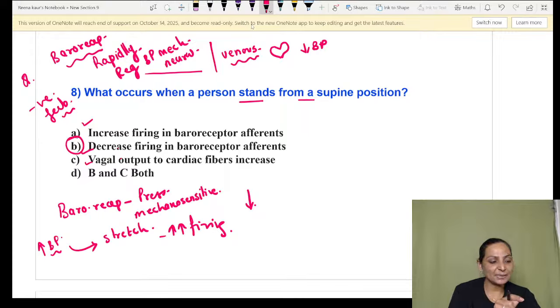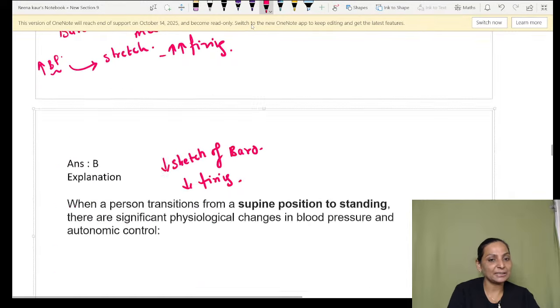When there is an increase in the pressure, they get stretched and the rate of firing increases, or there is depolarization, or there is an increase in the delivery of action potentials. But when there is a fall in blood pressure, there is a decrease in the stretching, and that is going to result in a decrease in the firing or a hyperpolarization of baroreceptors. So be very, very clear with this.